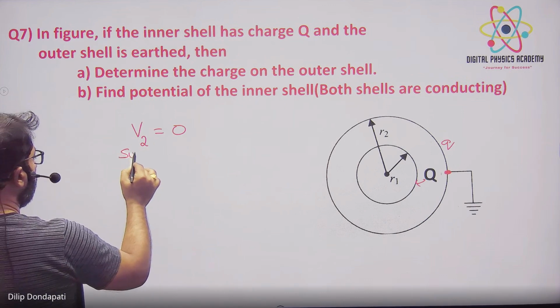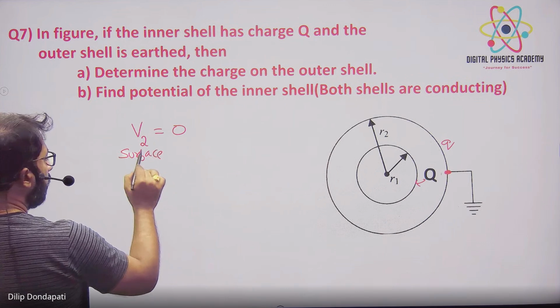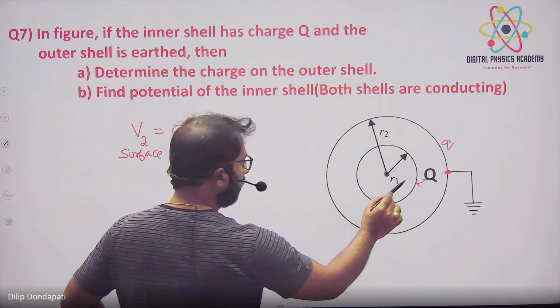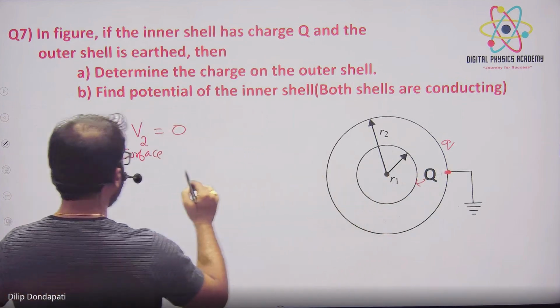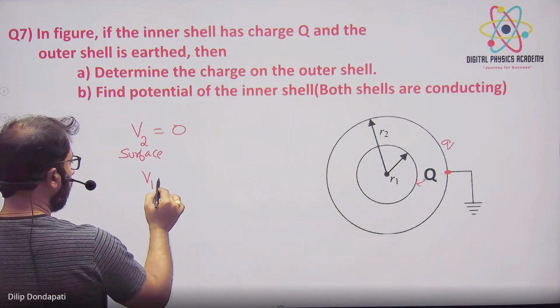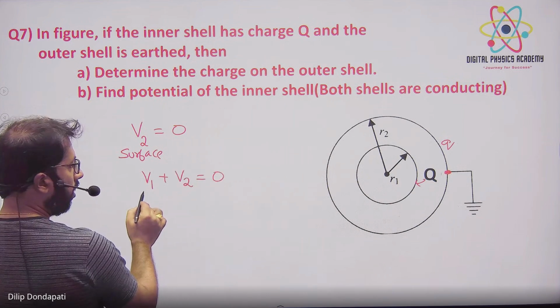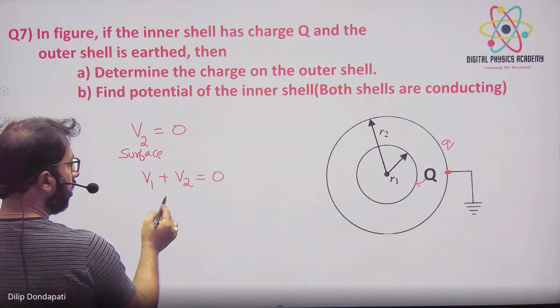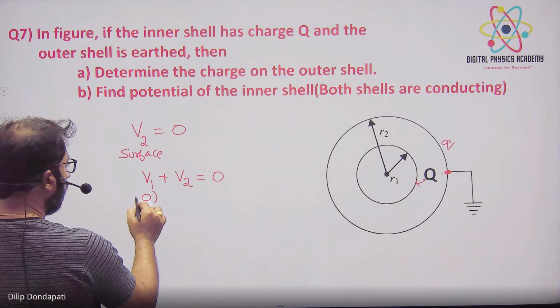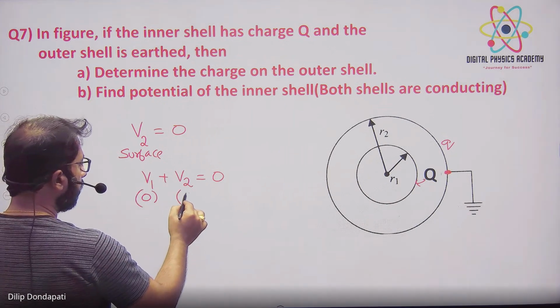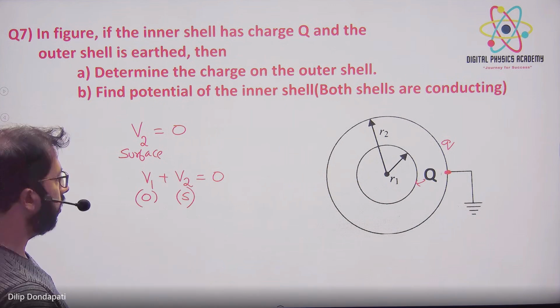Potential on the surface. Okay. Now potential किस charge के वजह से रहेगा? इस charge के वजह से and इसके charge के वजह से. So two potentials will be there. V1 के वजह से plus V2 के वजह से. For V1, the charge is an outside point, and for V2, it is a surface point. Okay.